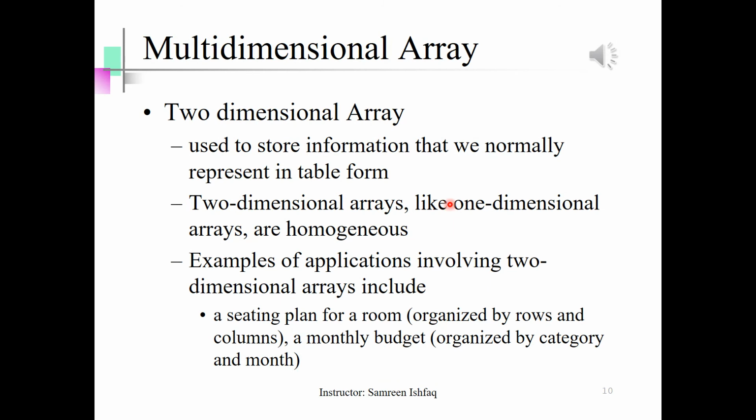For the representation of graphs, we will be using two-dimensional arrays, which are used to store information that we normally represent in a table. Two-dimensional arrays are like one-dimensional arrays. For example, applications of two-dimensional arrays include a seating plan for a room that is organized by rows and columns, or a monthly budget organized by category and month.